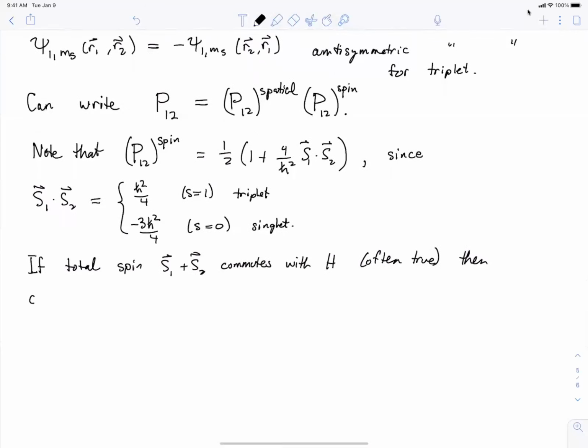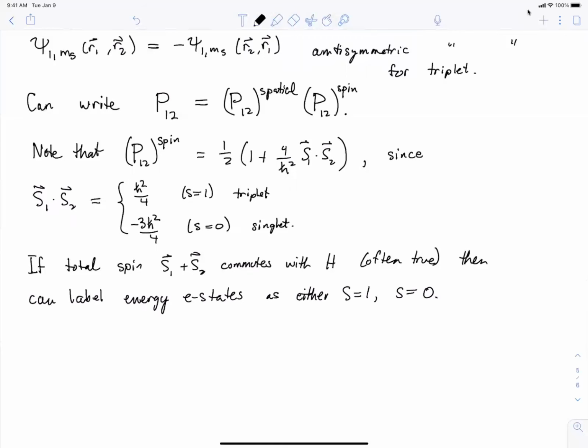And then we can label our energy eigenstates by their total spin. And so they will be either S equals 1 states or S equals 0 states.